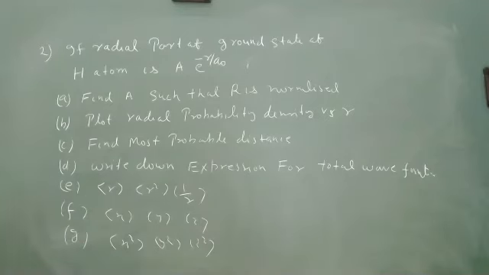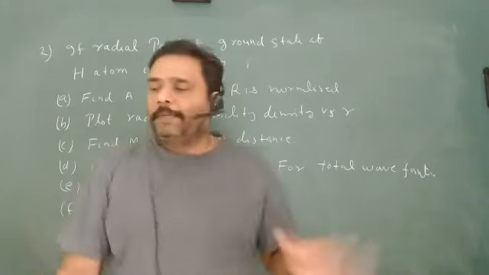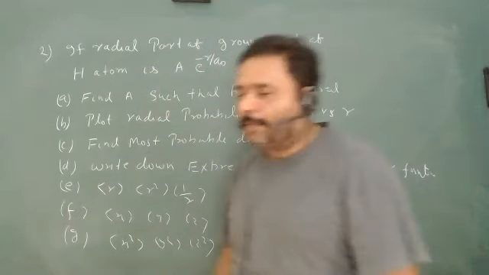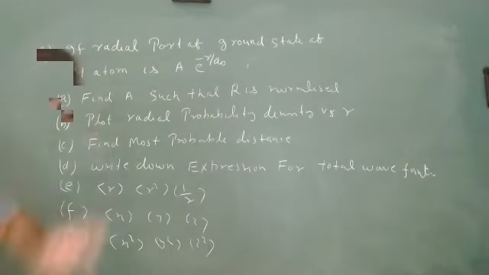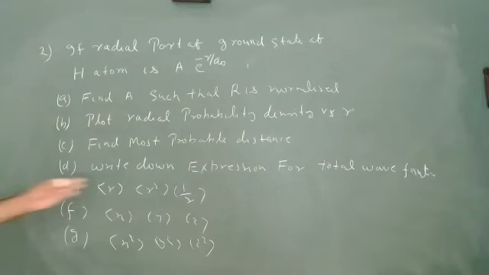So what we are going to do? We are going to solve all the different problems given in Griffiths, and all are unsolved problems. Every problem is a different problem; I have just taken them into one problem. So don't think this is one problem. This is problems 7 and 8, all different. But look at how quickly we can solve each and everything if you know the basic concept.